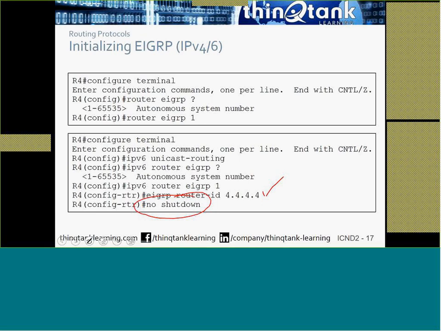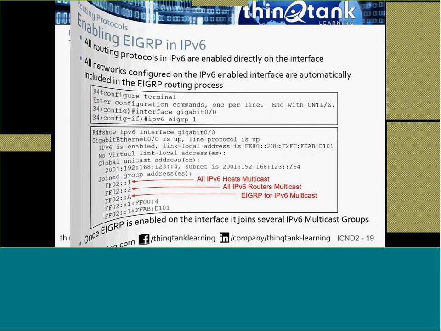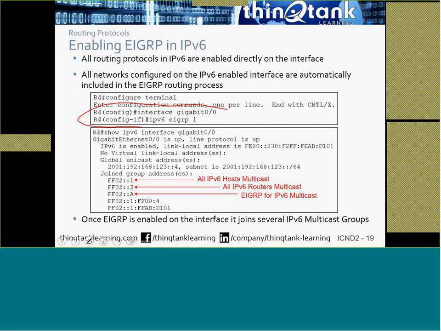The EIGRP process is shut down by default in IPv6. And then if you want to enable EIGRP on the interfaces, instead of doing network statements, all you do is you go to the interface that you want to run EIGRP, and you type ipv6 eigrp 1.